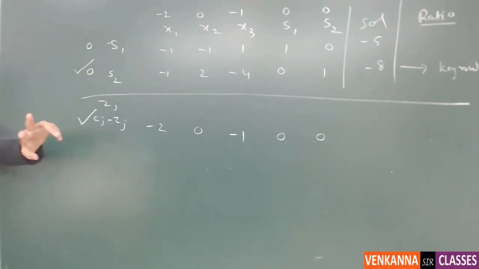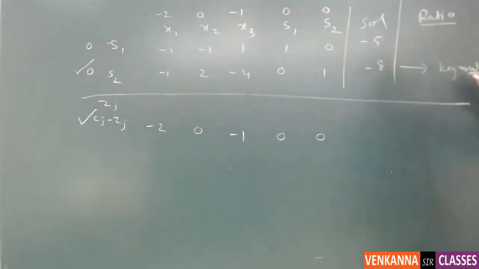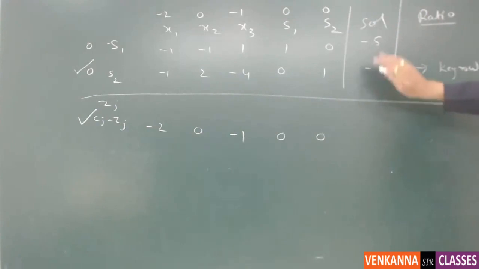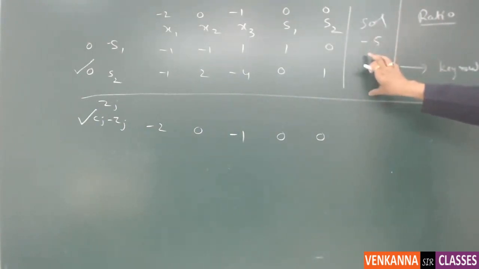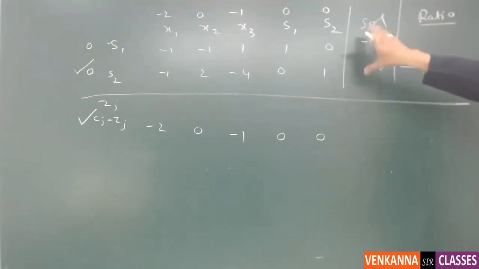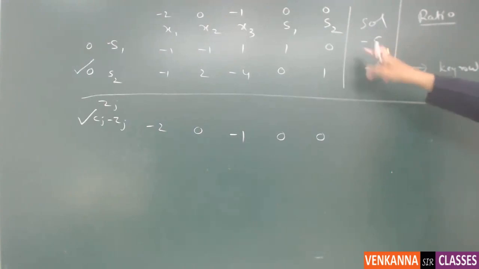Please understand, we are doing the process in the reverse manner. We are selecting the key row first. How are we selecting? In the solution, you will get the negative values. Some values are positive, some are negative in the solution criteria. Among the negative solutions, we select the most negative one.